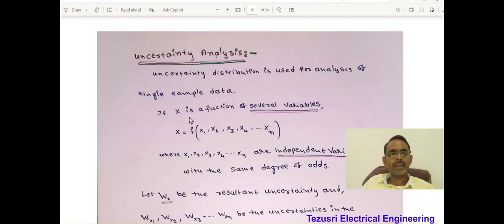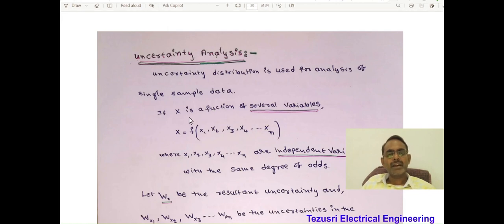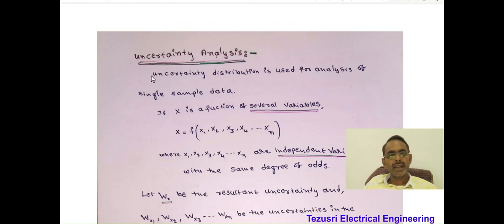Next, the important topic, frequently asked in GATE and IES. Uncertainty analysis. An uncertainty distribution is used for analysis of single sample test data. That means the data is taken at identical test conditions.